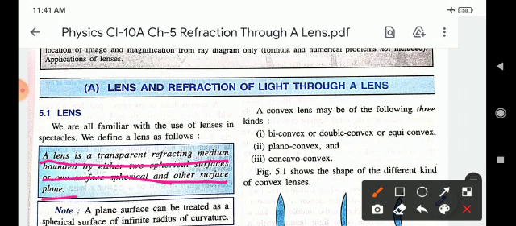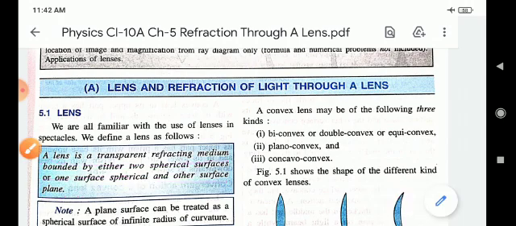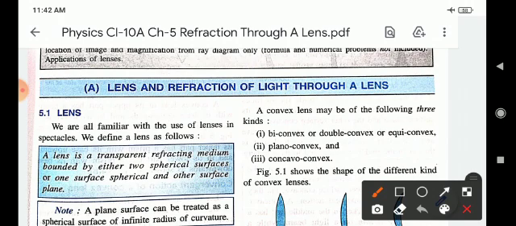Okay, children, a lens is a transparent refracting medium. We know that refracting means light comes from the incident ray, from a rarer medium to a denser medium. It is called refraction.